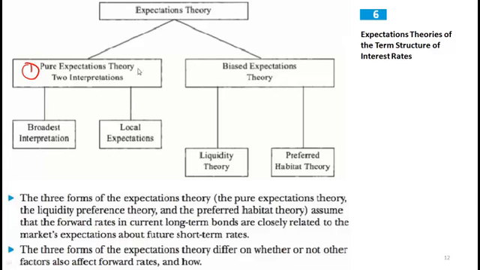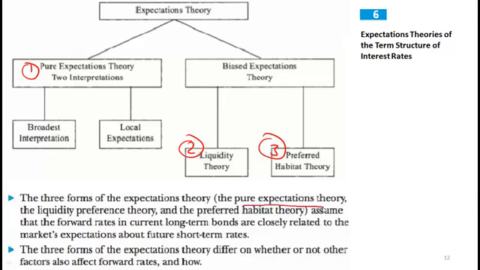One was the pure expectations theory. Then we studied the liquidity theory or liquidity preference theory. And three was the preferred habitat theory. So those were the three theories. We are now just going to get a little deeper. I've taken these points from the summary, so I'll just read this. The three forms of the expectations theory.